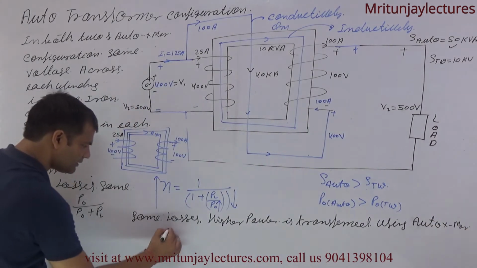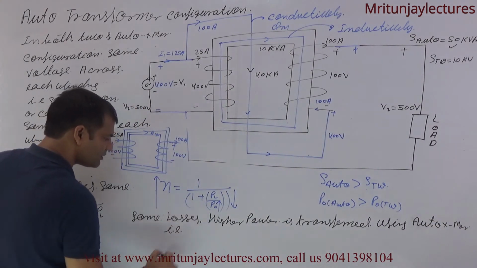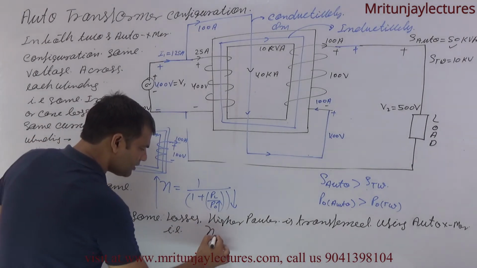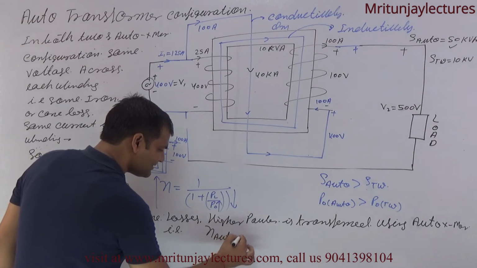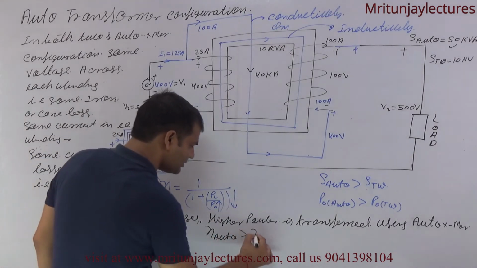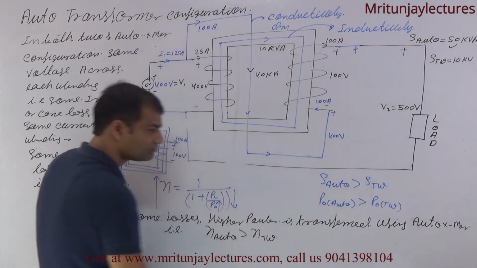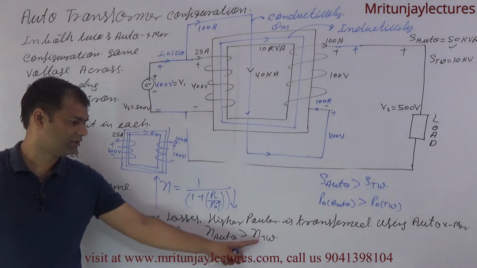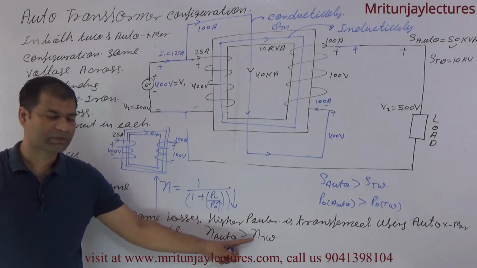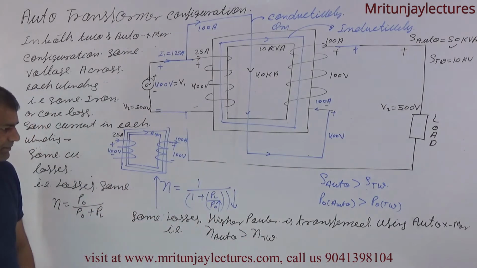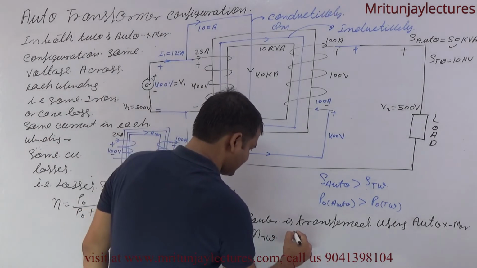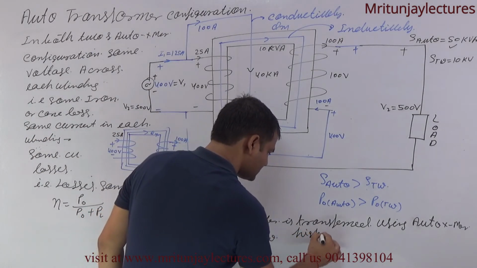That is efficiency. Efficiency of auto transformer is greater than two winding transformer. It is clear? Okay. It means higher efficiency.